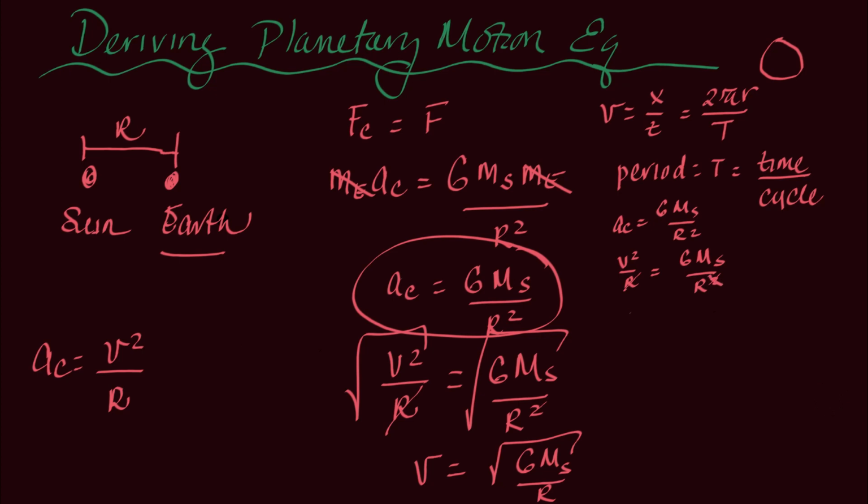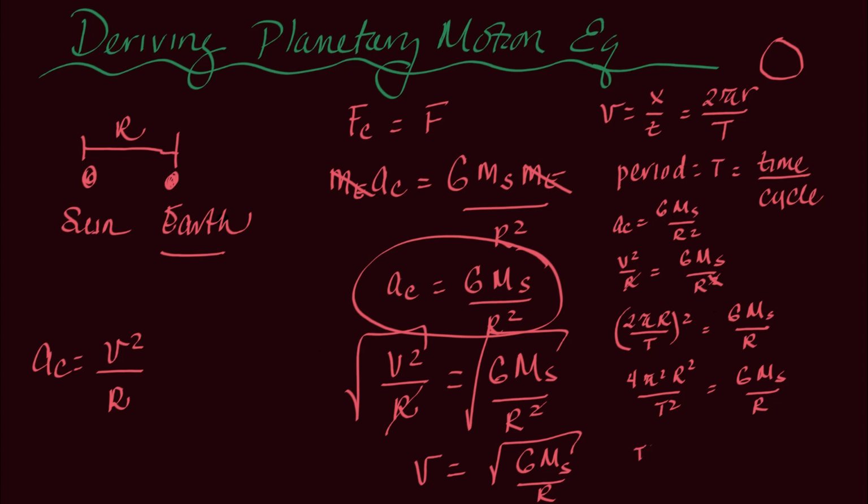So now I'm substituting in for velocity. Velocity is 2 pi r over T. We are going to square that. This is equal to big G Ms over r. Now I'm going to square the left side, so that's 4 pi squared r squared over T squared equals G Ms over r. You're going to cross multiply.